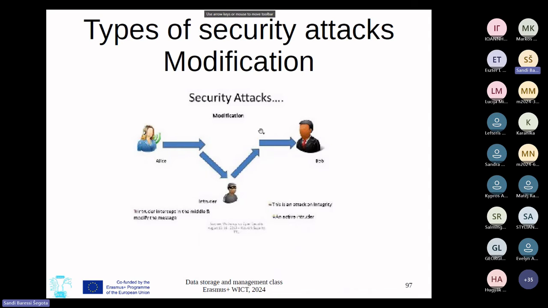And third is modification. As I mentioned, the message comes here, and I intercept it, and I send Bob a different message. Maybe Alice says, let's meet tomorrow at noon. I intercept that and Bob thinks that Alice told him, hey, let's meet tomorrow at 1 p.m. instead.